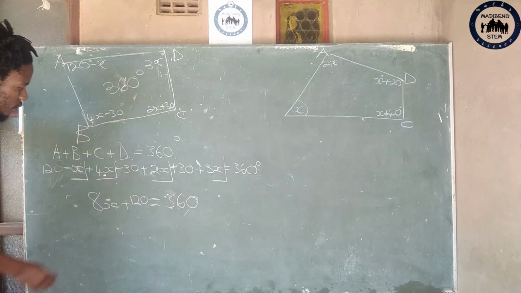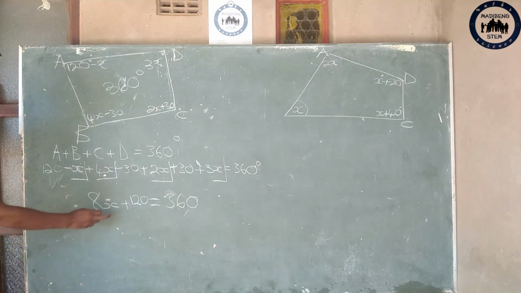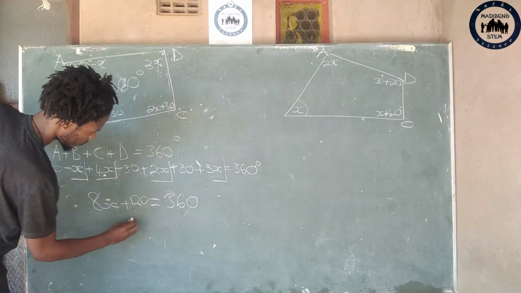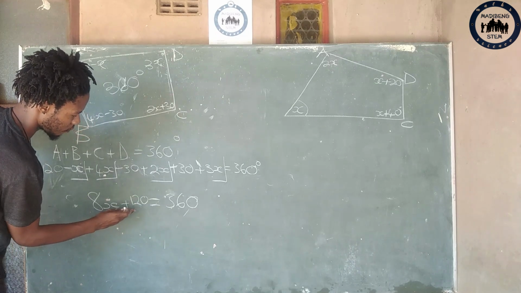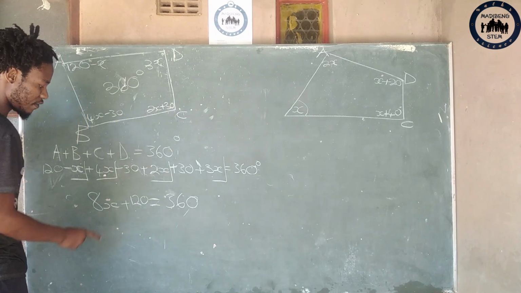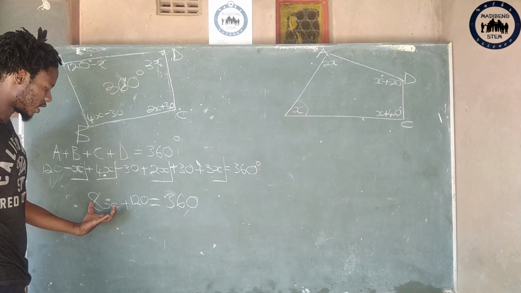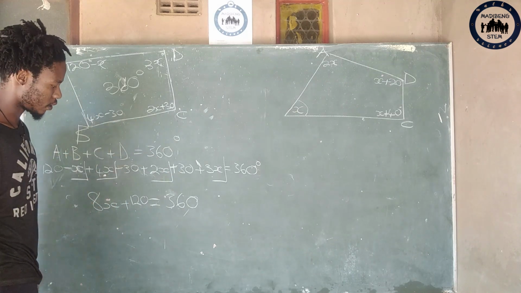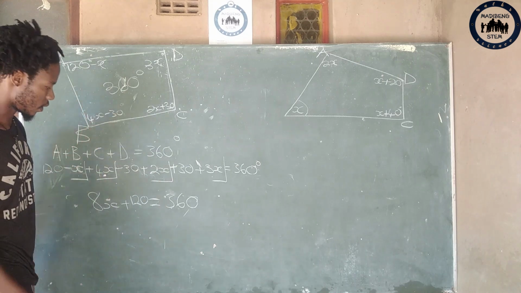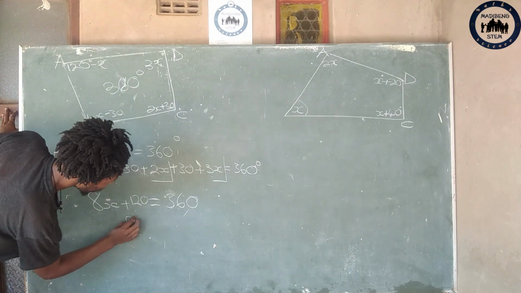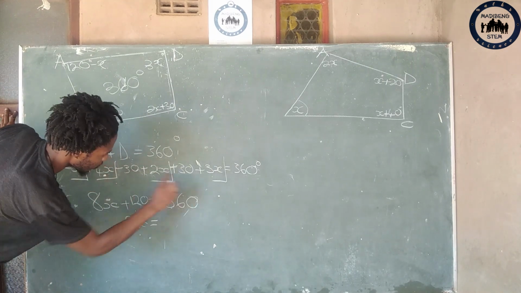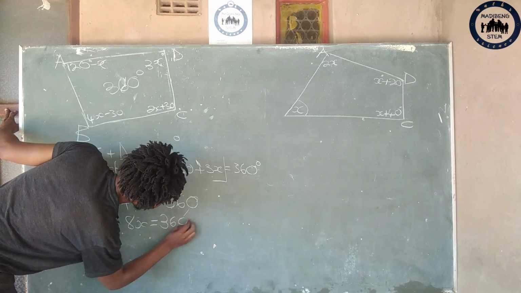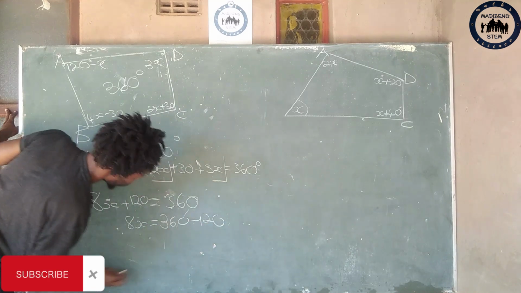So let's go ahead and solve for x. We take this one to this side. We transpose this one because we want to be left with this variable on our left hand side so that we can solve for x. So we transpose 120 to this side. Minus 120.